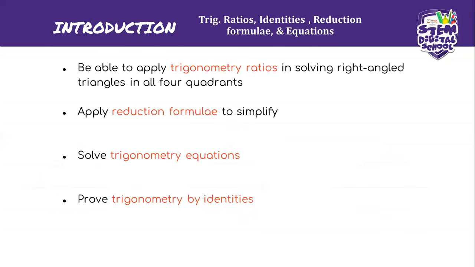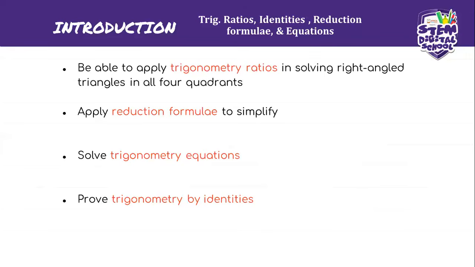The introduction, like I've said, is that our focus today is mainly on trig ratios, the identities, reduction formula, and equations. We are going to apply the trig ratios, the identities, the reduction formula, and we're going to touch a little bit on equations. After we have completed this presentation today, one should be able to apply trig ratios in solving right angle triangles in all 4 quadrants.